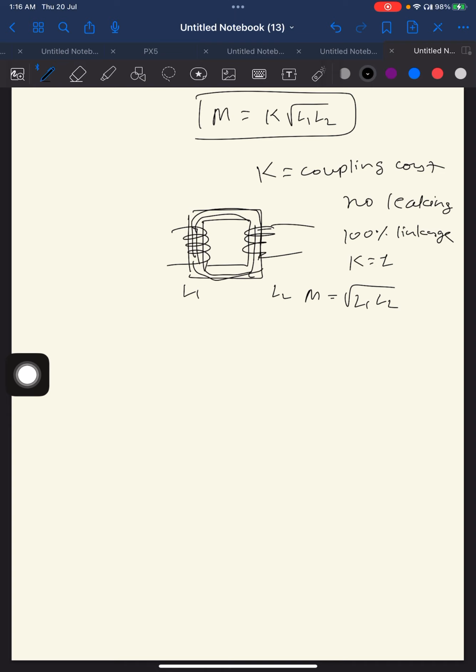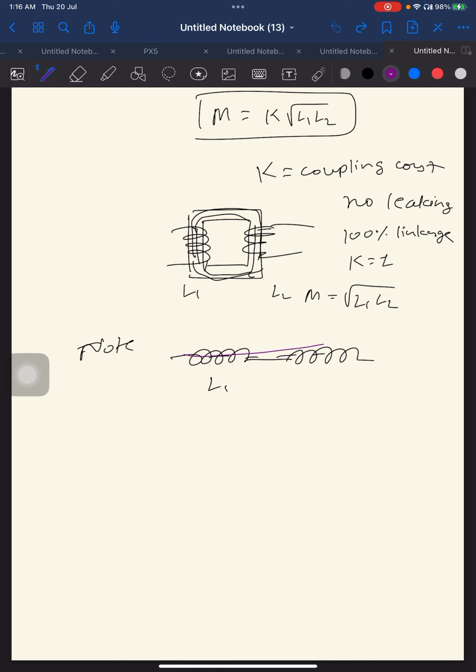So I hope this is clear. Whenever we take two simple inductors L1 and L2, we generally ignore the mutual inductance part, but since they are nearby, they might have some linkage like this. The magnetic fields might link with each other.